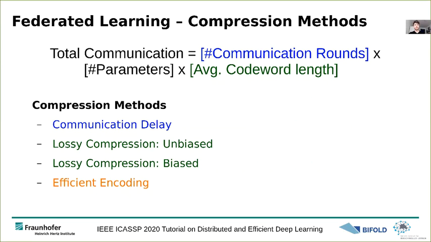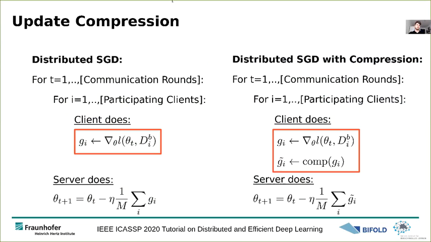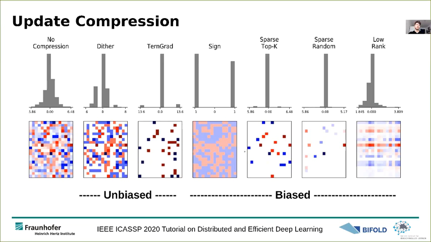There are two main categories there: unbiased and biased lossy compression. So let me again pull up the comparison between distributed SGD, and now we can look at distributed SGD with compression. The only thing that changes here is that the gradient that is computed on the local device is compressed using some compression function, and then only the compressed gradient is uploaded to the server. When it comes to these compression functions, people have come up with 1,000 different ways to do it.